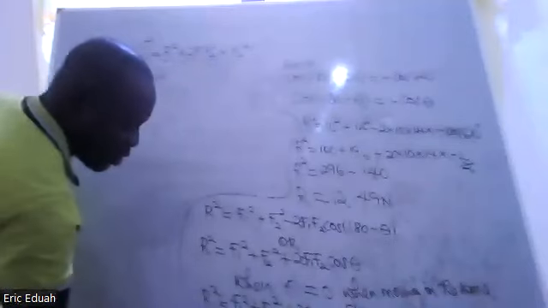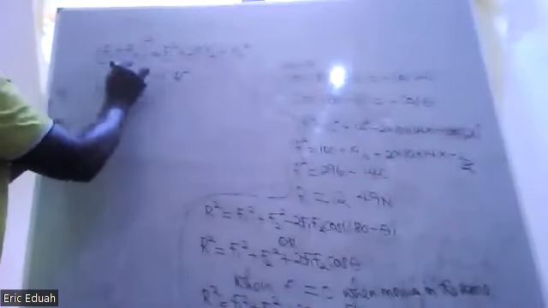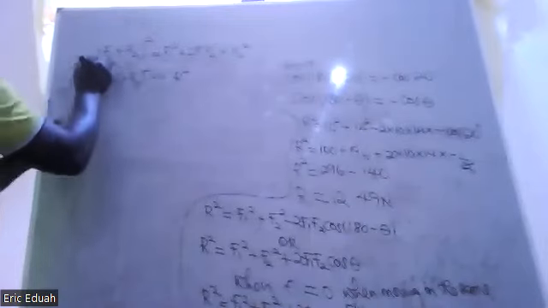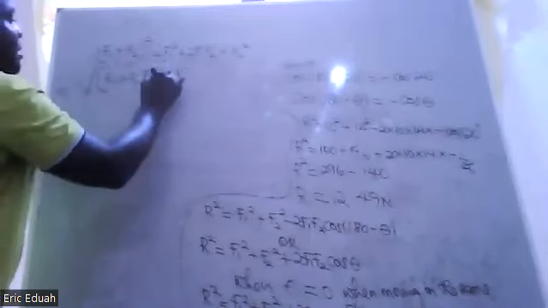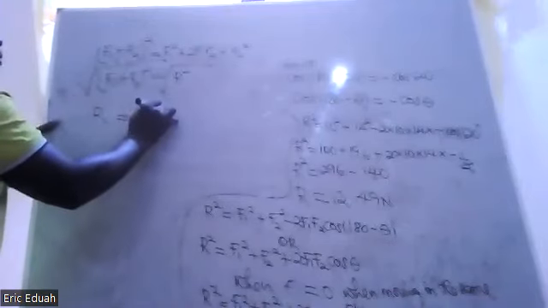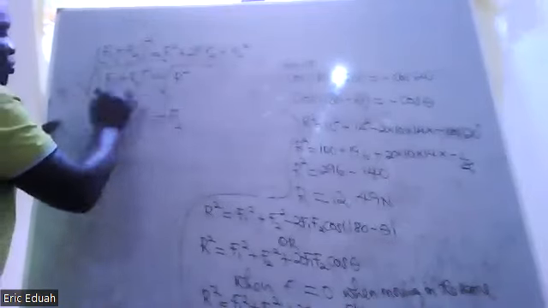And so we can equate R squared to F1 plus F2 all squared. Now, when we take the square root of both sides, we have R being equal to F1 plus F2. The same equation as we earlier had.